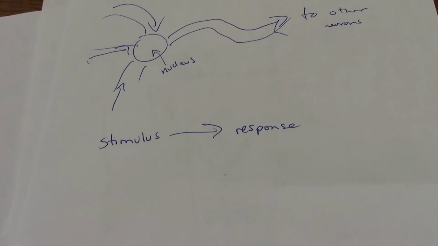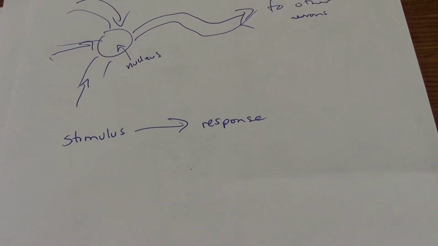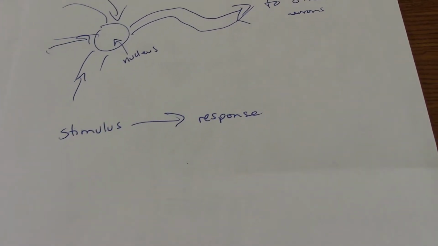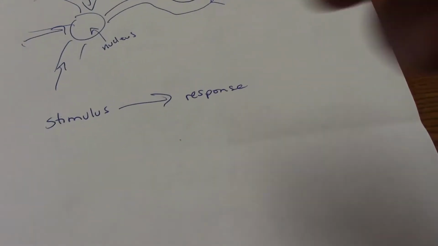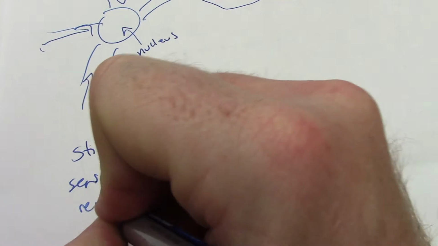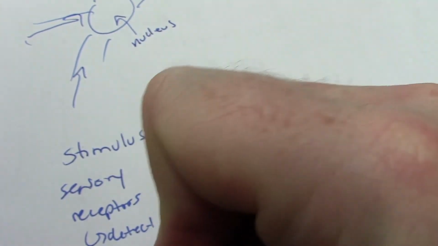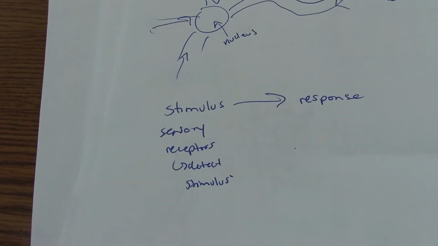You're constantly interpreting stimuli, and we've talked about this in the previous part of the unit, looking at adaptation and things that you're responding to all the time. So the purpose of your sensory receptors is to detect stimuli. Okay, so that's the purpose of all of your sensory receptors.